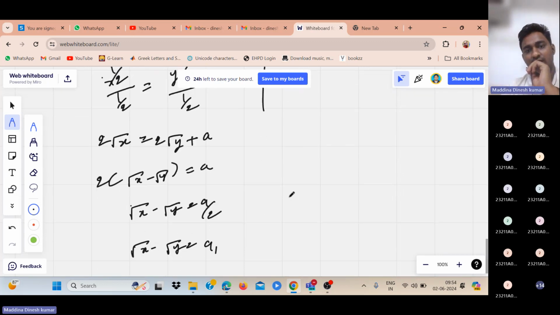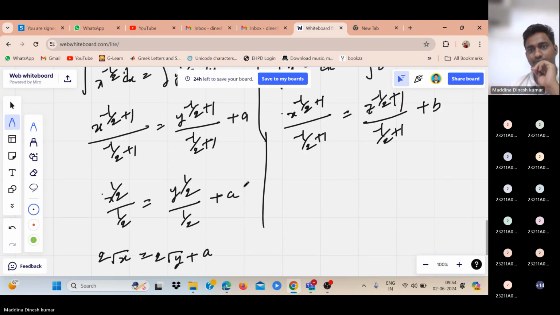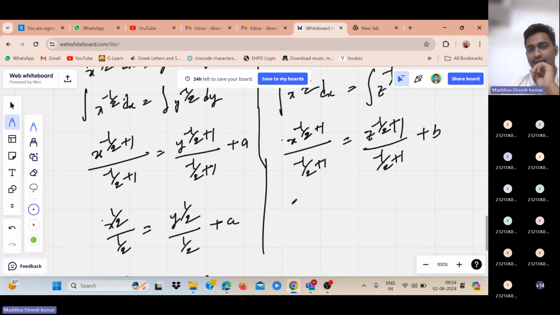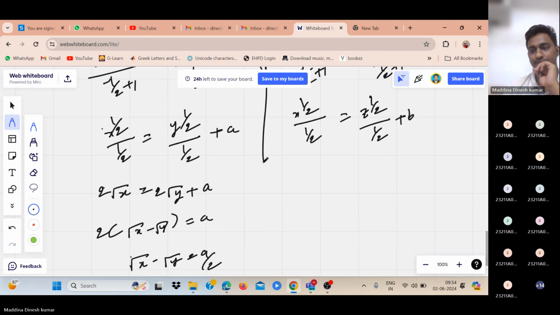Next, this one you can assume as equation number 1. Okay. So here we will get x to the power of 1/2 by 1/2 equal to z to the power of 1/2 by 1/2 plus b. So here we will get 2 square root of x equal to 2 square root of z plus b.